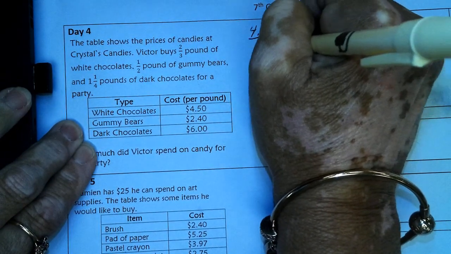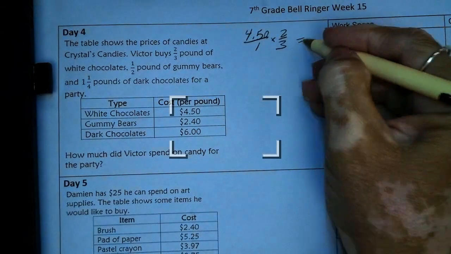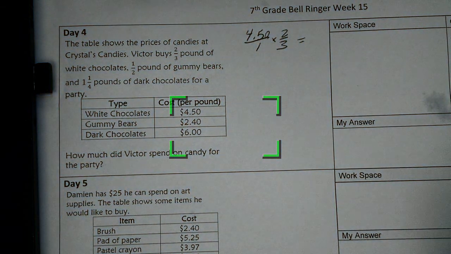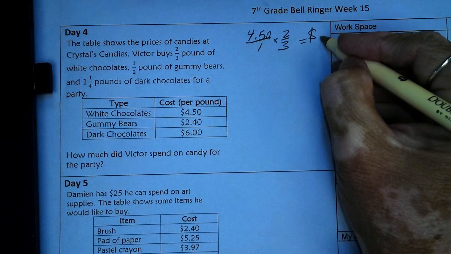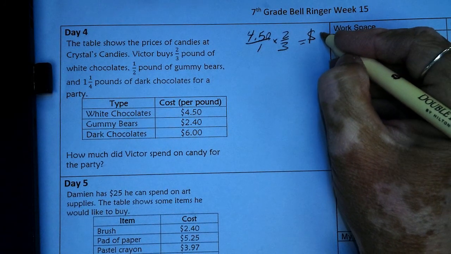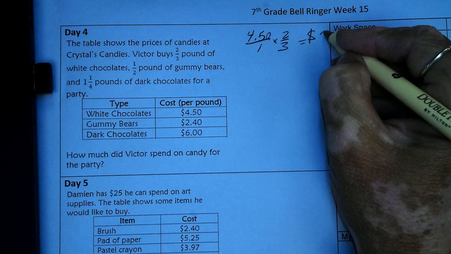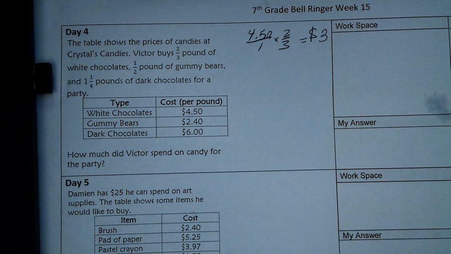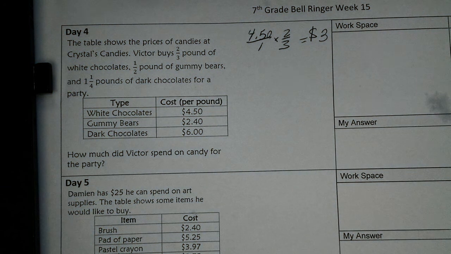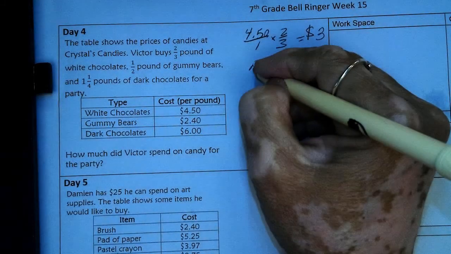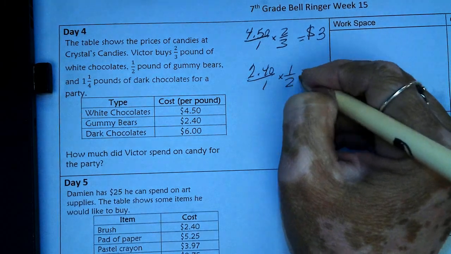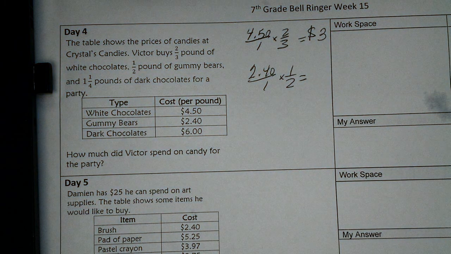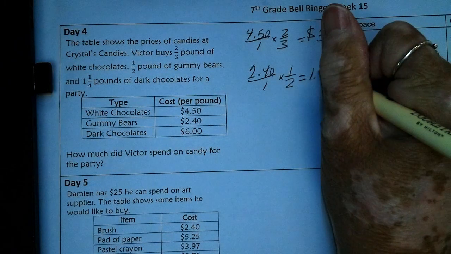What do we get? 9/3, which is 3. Yep, so $3 for the chocolates. And then the gummy bears are $2.40. So we're basically taking half, right? So $1.20. Yep.